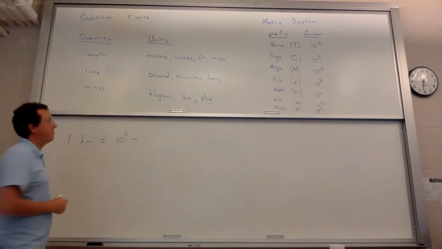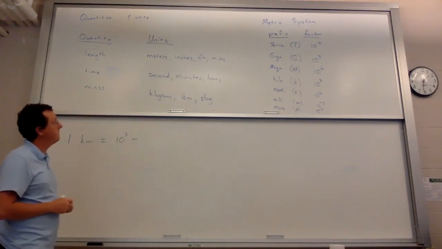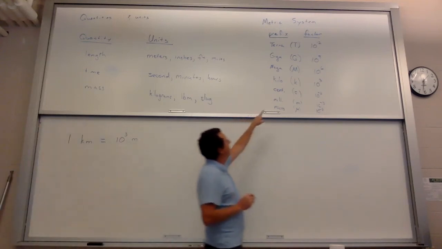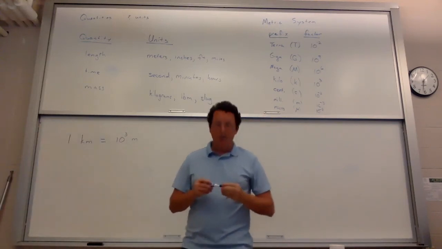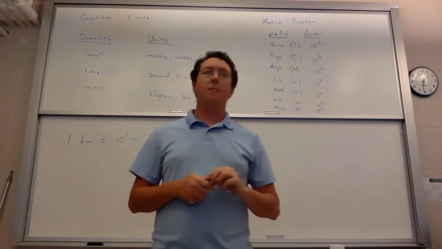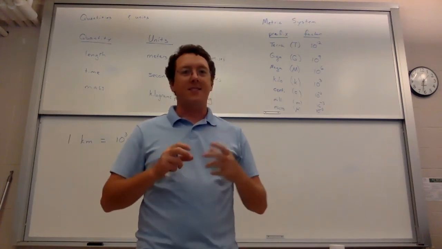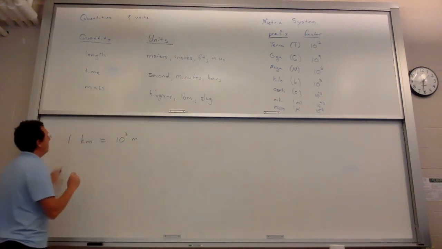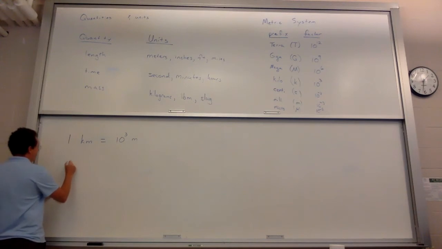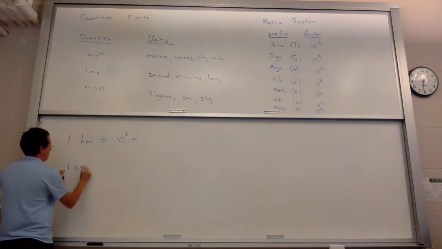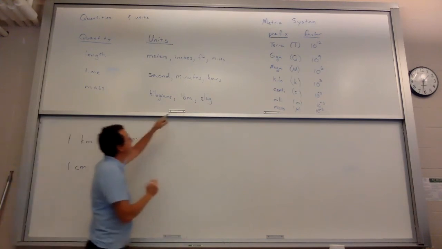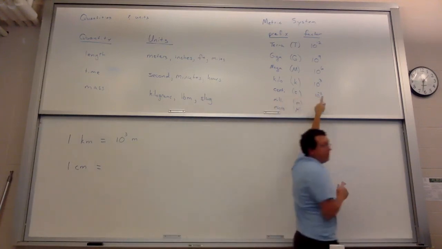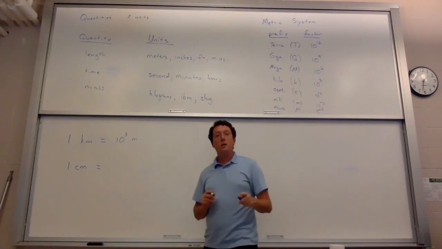Let's try another one. Let's do centimeters. Maybe you remember, like a century. So that kind of is a hint. It has something to do with 100. So let's see how that works. So what I would have here is 1 centimeter equals, go over here to my table, 1 centimeter is 10 to the negative 2 times a meter.